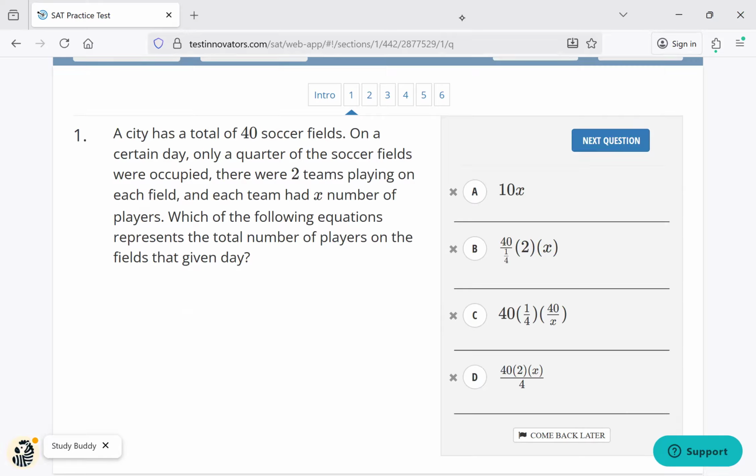So we need an equation that represents the total number of players on the field that given day. Okay, so it's going to be 40 times only a quarter of the soccer fields, so that's 1/4. And then there were two teams playing on each field, and each team had X number, so that would be 2 times X. When you put this all together, what's 40 times 1 times 2 times X?